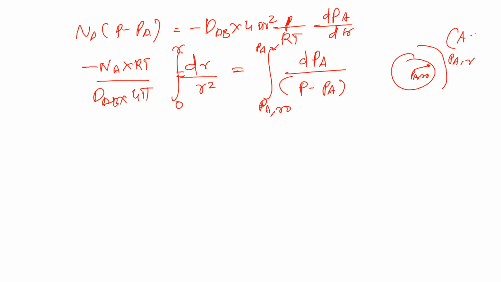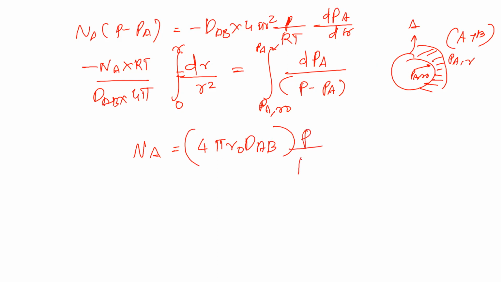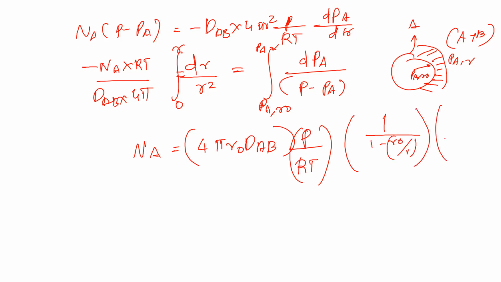Which consists of an A plus B mixture; here only A is diffusing. So this is actually diffusion of the species along with the expansion. Just integrate that, and we will get N equal to 4 pi R0 DAB into P by RT into 1 divided by 1 minus R0 by R into P minus PA of R by P minus PA at the initial original place.